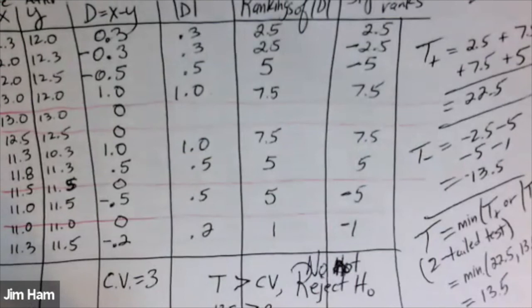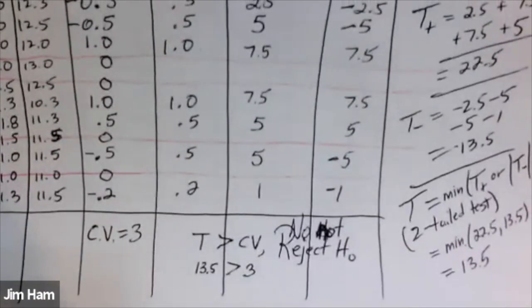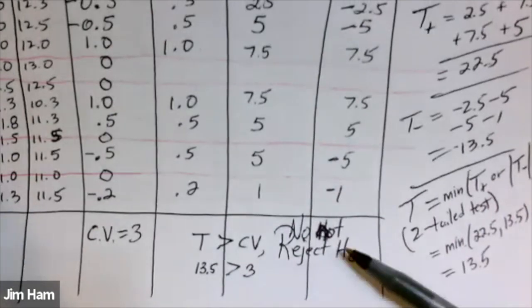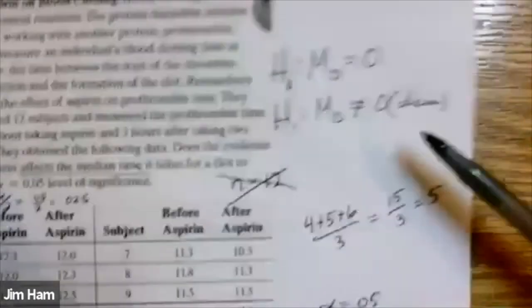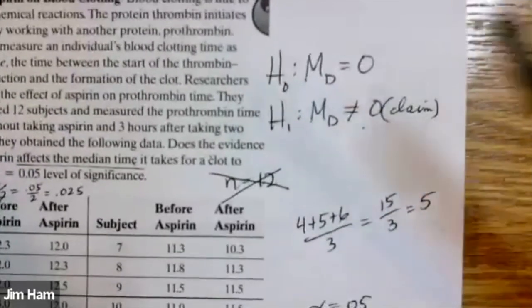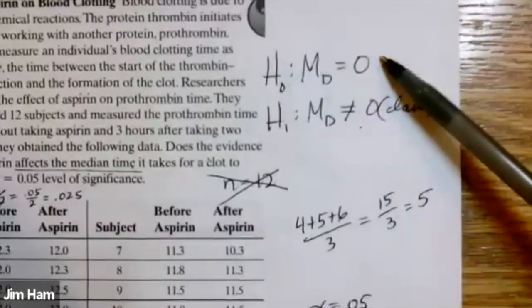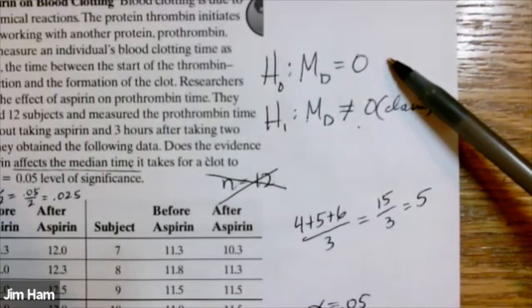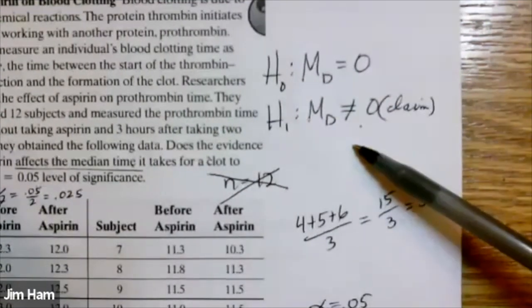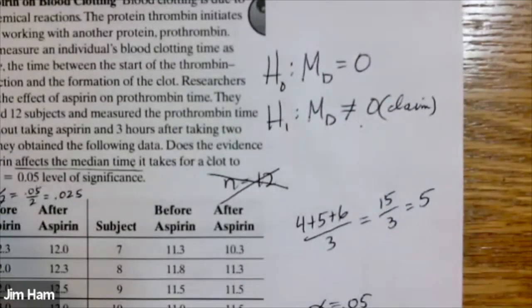So I'm not sure that aspirin would even have a practical significance here. All right, so then we're going to not reject the null hypothesis, fail to reject the null hypothesis. So this is another one where we say there's not enough evidence to support the claim. And you can just say that aspirin plays no role in reducing or lengthening the clotting time.